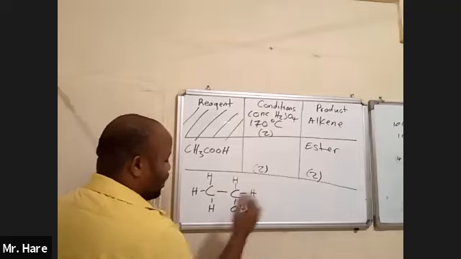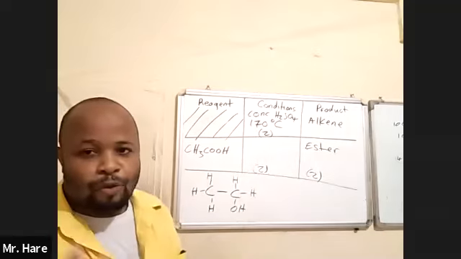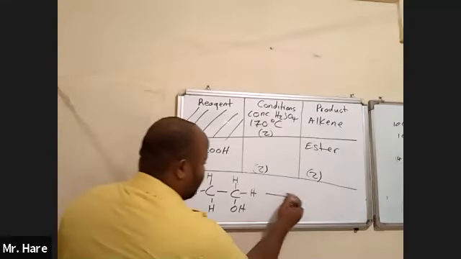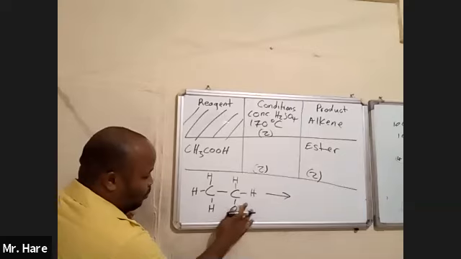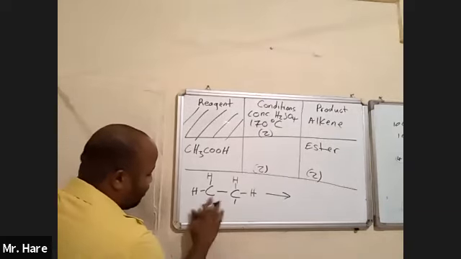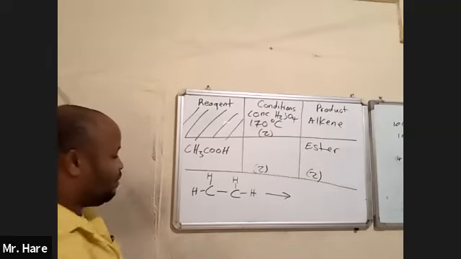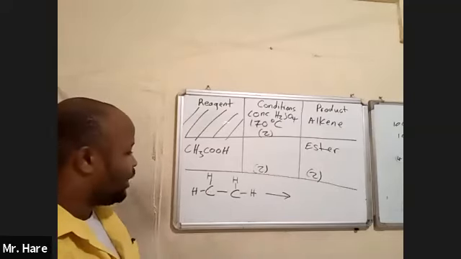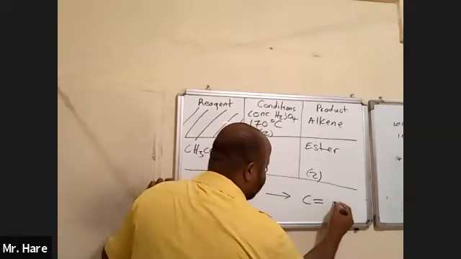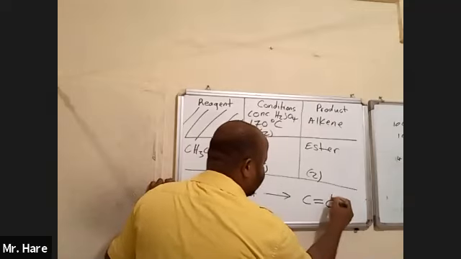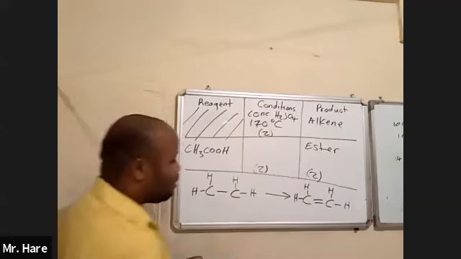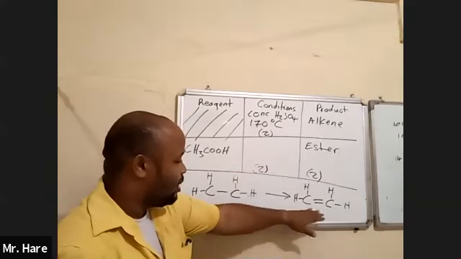If you dehydrate the alcohol, you are removing a molecule of water. To do that, you remove OH from one of the carbons and hydrogen from the next carbon. You end up with C2H4, but you won't have a single bond, you will end up with a double bond. So the structure of the alkene is ethene.